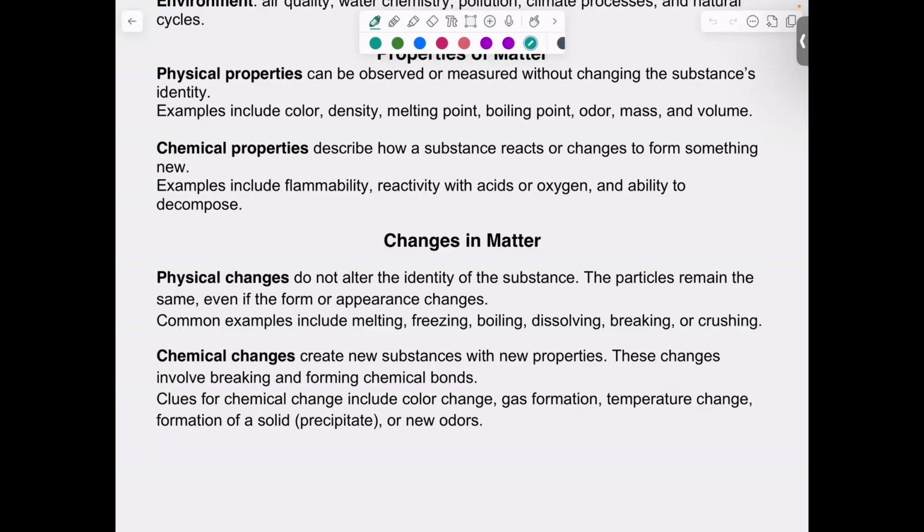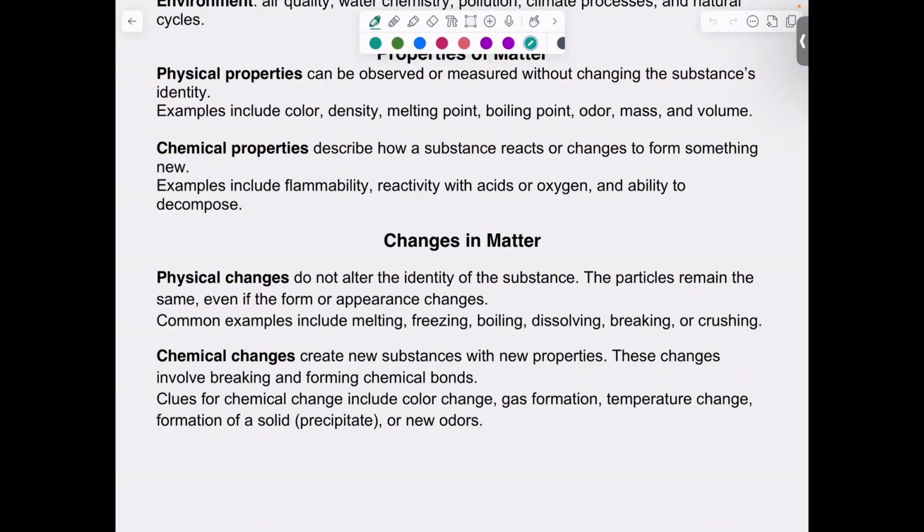We talk about chemical changes, and that's basically creating new substances with entirely new properties. And this would be the heart of chemical reactions. We take one substance and make it into a new substance, whether it's decomposing it or breaking it down or combining substances to make new substances. You get the idea. We're going to break chemical bonds and reform them and in turn form new substances.